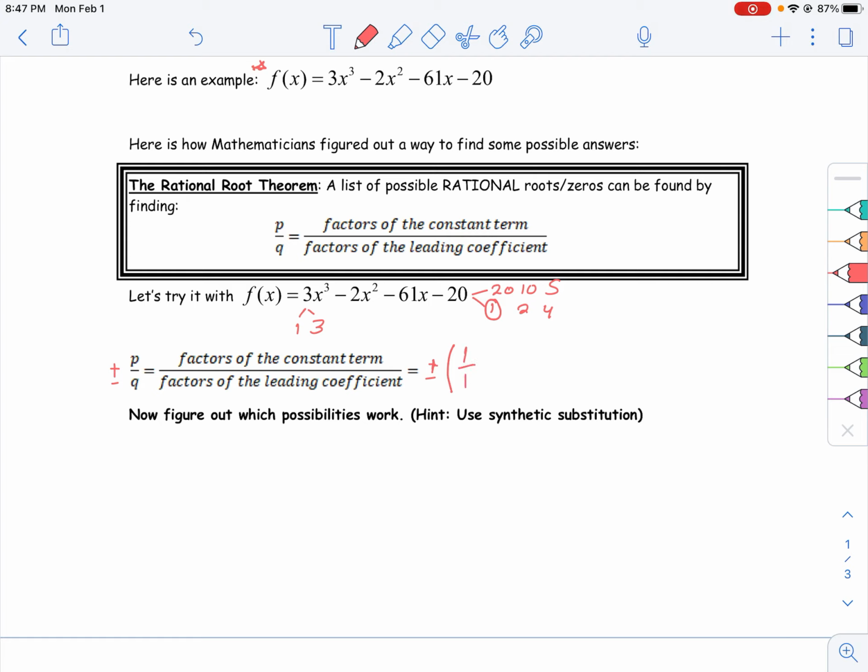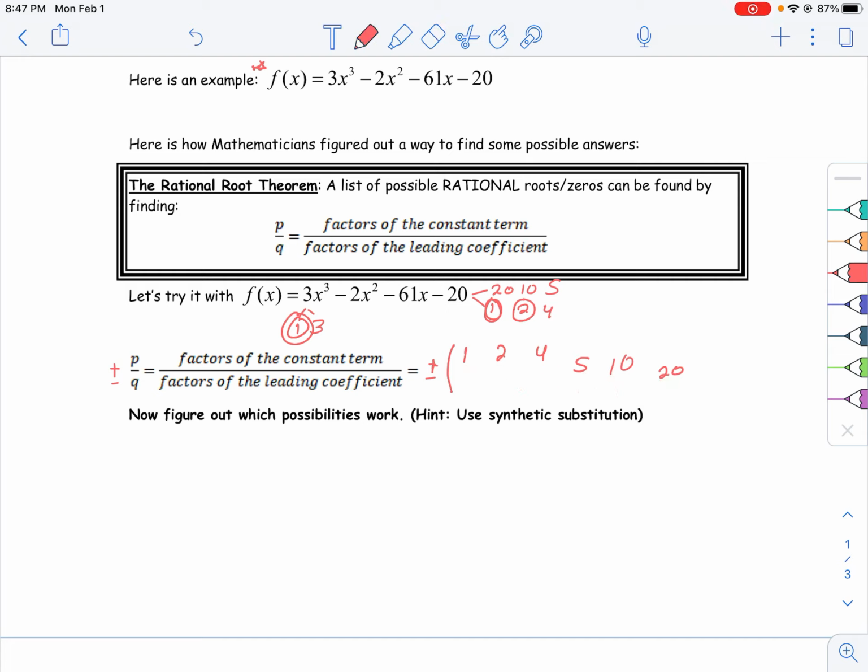1 over 1 would be the first term, right? 1 over 1. And then we would have 2 over 1, and then 4 over 1, 5 over 1, 10 over 1, and 20 over 1, which you don't need to write over 1. You could literally just write the numbers as well.